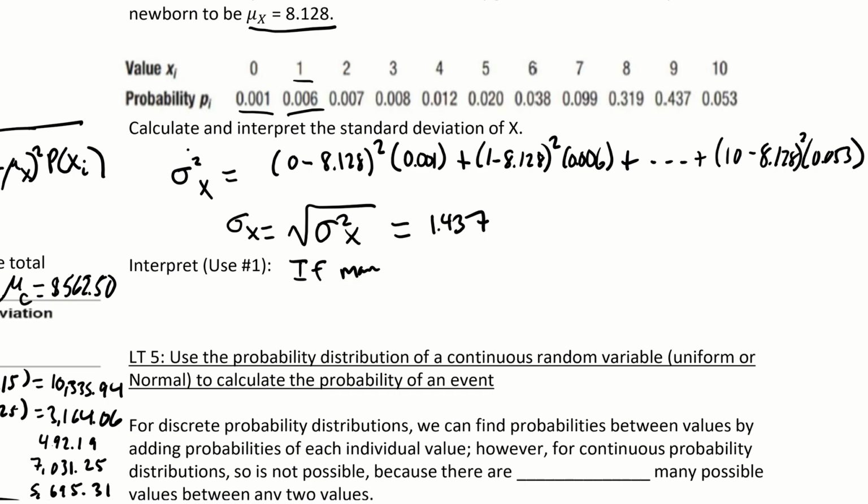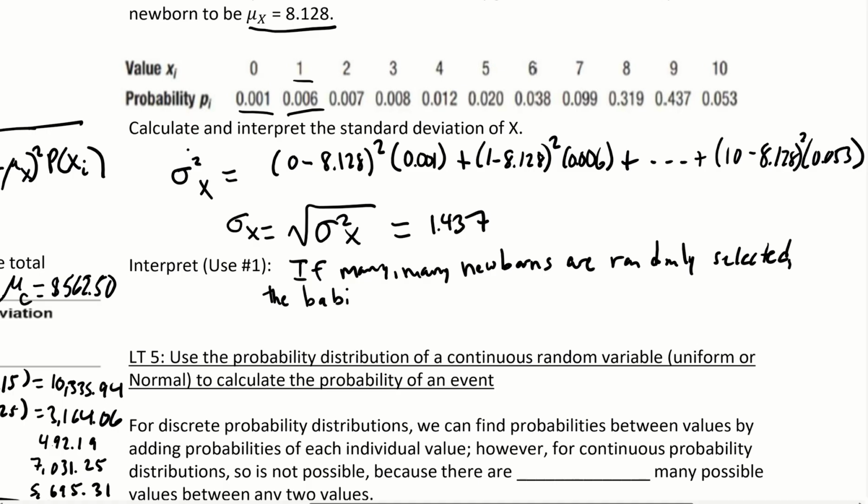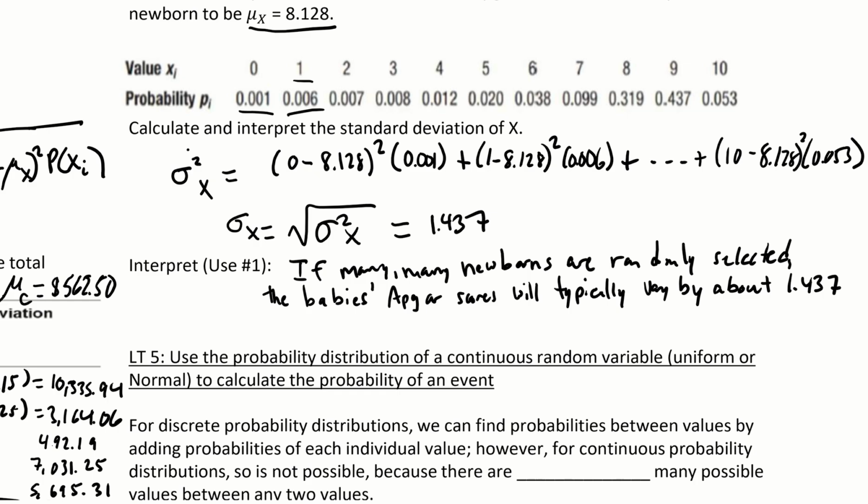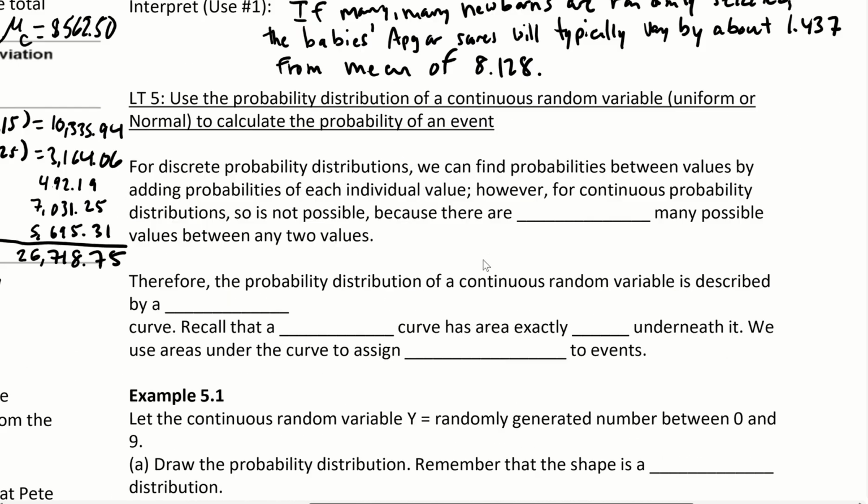If many newborns are randomly selected, the baby's APGAR scores will typically vary, there's that verbiage, by about 1.437 units from the mean, and the mean was 8.128. Okay, all right, there you go. Learning target number 4, done.